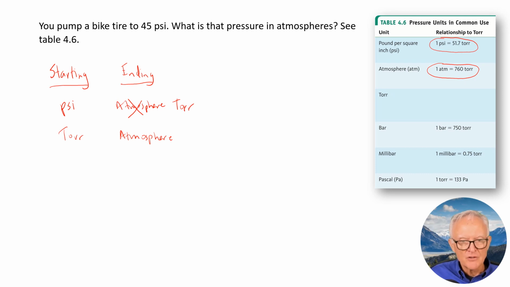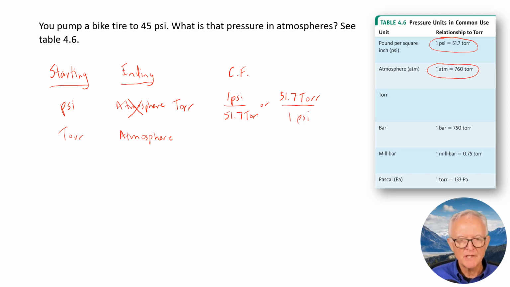So our conversion factor that we will use for psi to torr is 1 psi to 51.7 torr, or 51.7 torr to 1 psi.